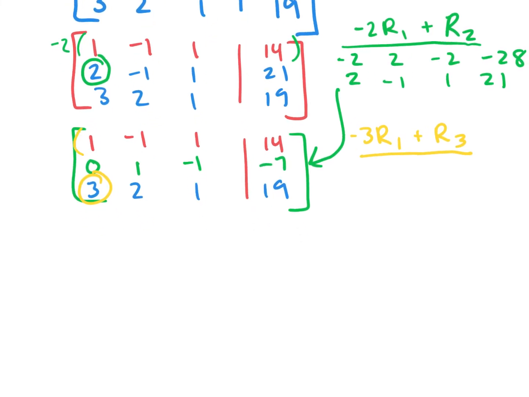So -3 times row 1 would be -3, 3, -3, and -42. And then the third row stays the same when we add it here. So it's 3, 2, 1, 19. First two rows, nothing's changing. I'm rewriting that because my goal is to get this to be a 0. So I'm only changing the third row. So the first two rows stay the same.